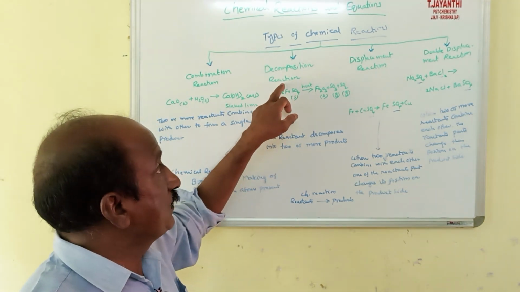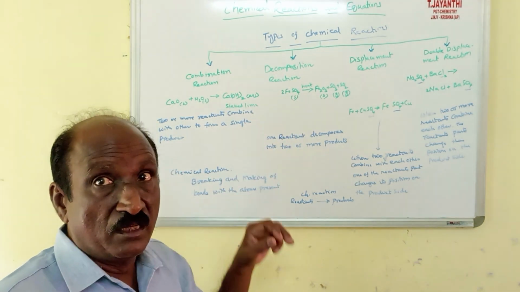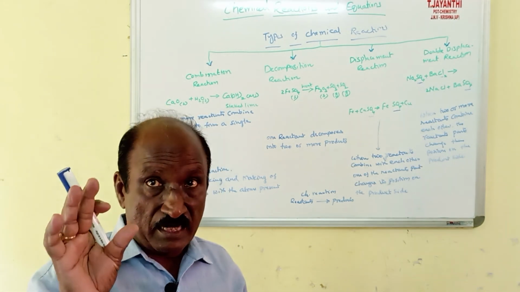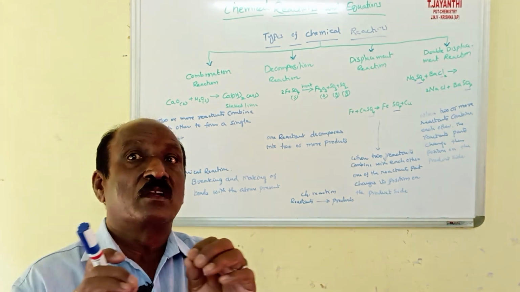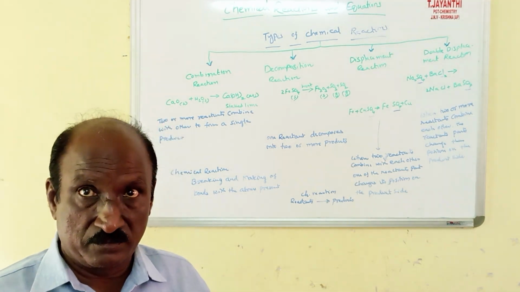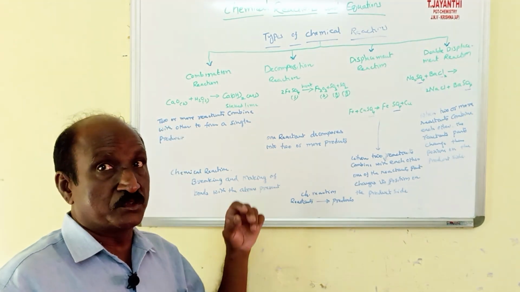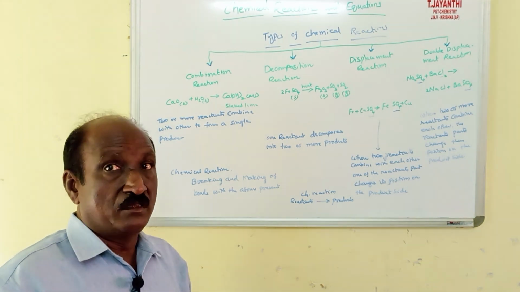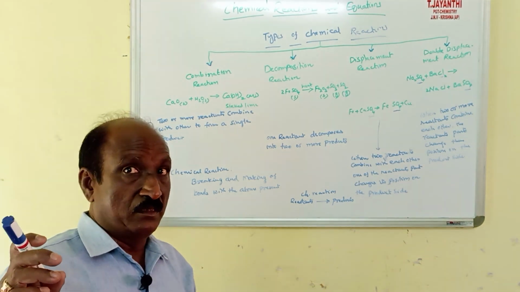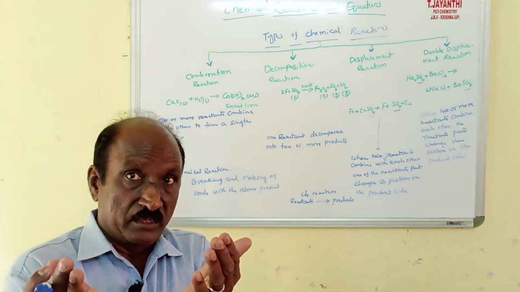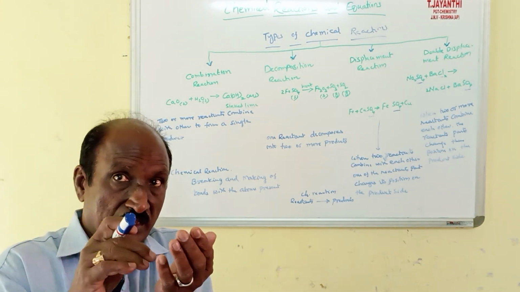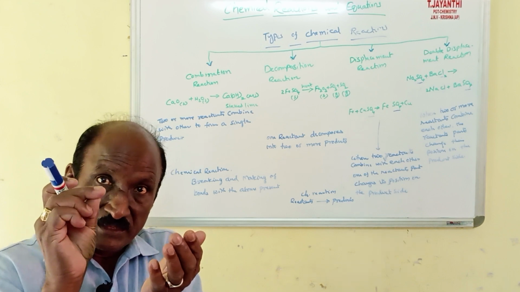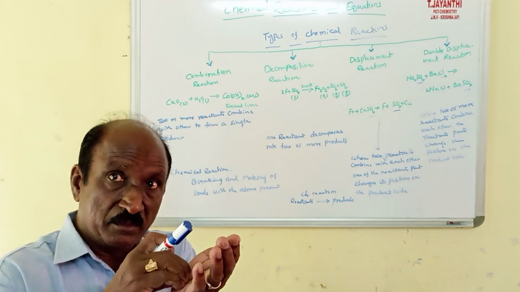So decomposition reaction means what? If a reactant decomposes into a number of products, that is termed a decomposition reaction. For example, if we take a bowl of rice, there will be some paddy seeds and some stones in the rice.